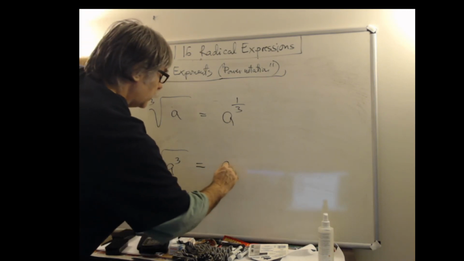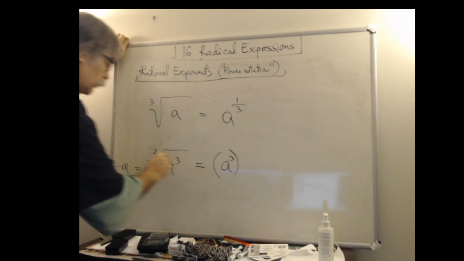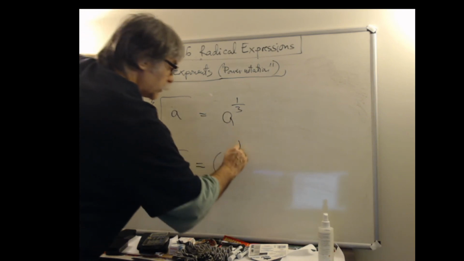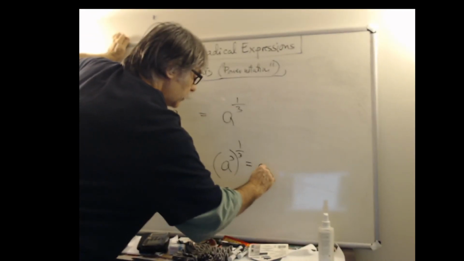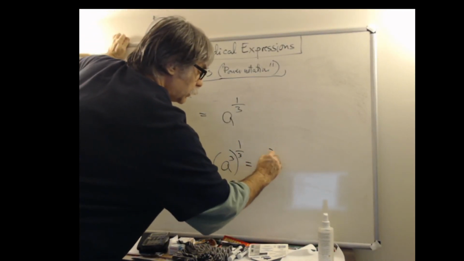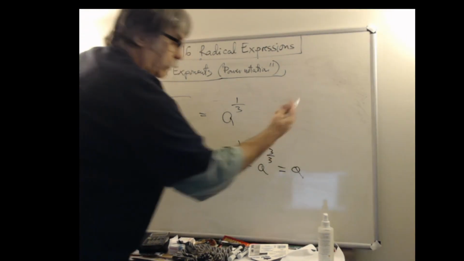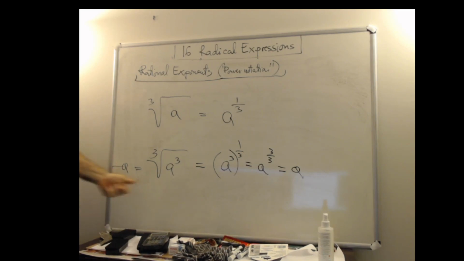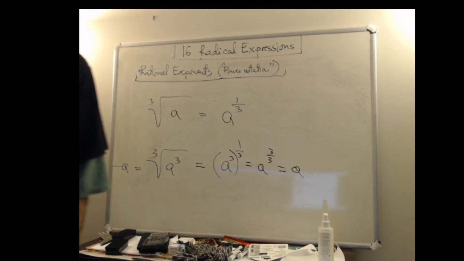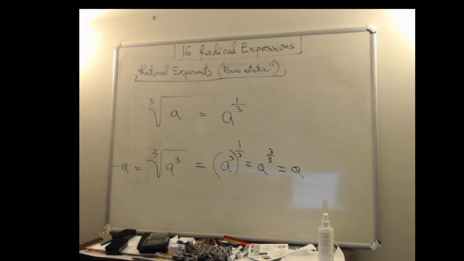This is a with the power of cube, and this is the power of 1/3, which is a multiplied by 3/3, which is a with the power of 1, but 1 we don't write, so that's it. Okay? So this is the property number 1 for the radicals, but it's really nothing special. It's already known to us from our rules.